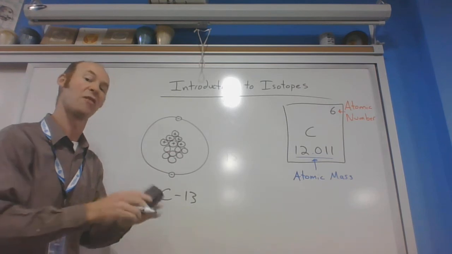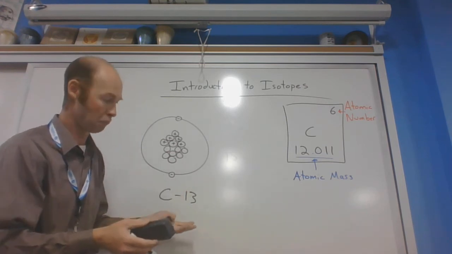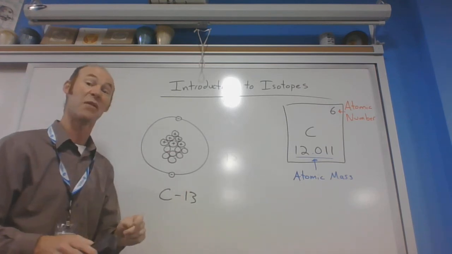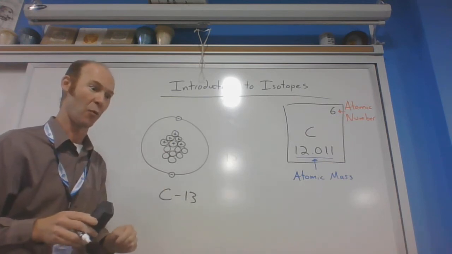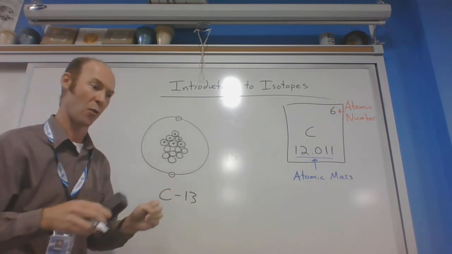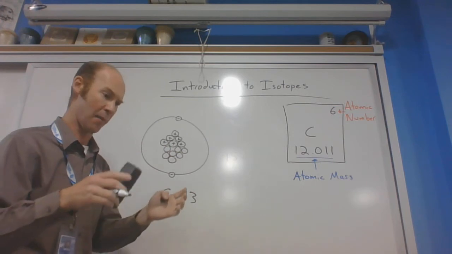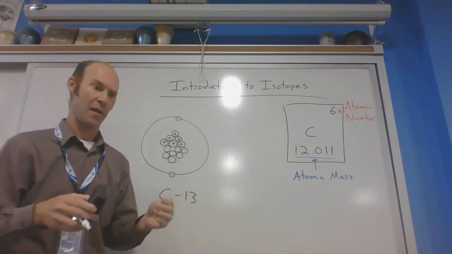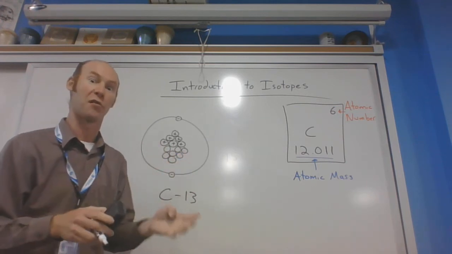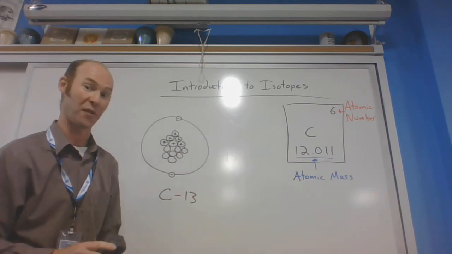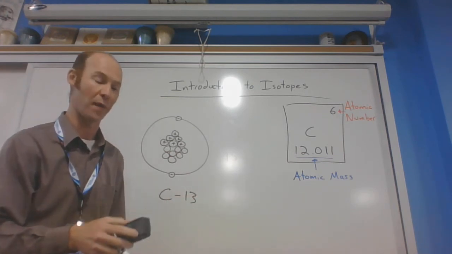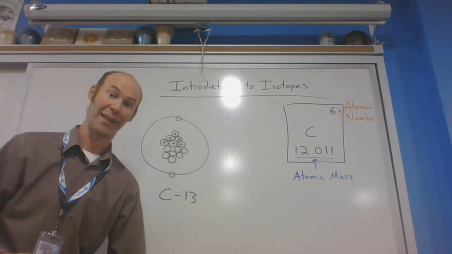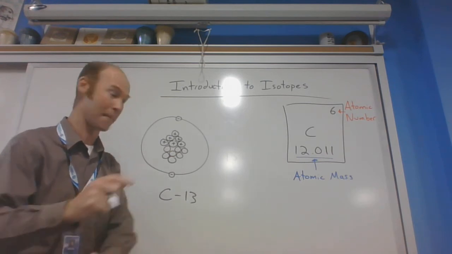Still carbon, different number of neutrons. And there's even something called carbon 14, which if you've heard about radiocarbon dating, and scientists finding out how something is thousands of years old, carbon 14 is a special isotope that plays a role in that, but we'll talk about that later. Getting a bit sidetracked. It's super exciting.